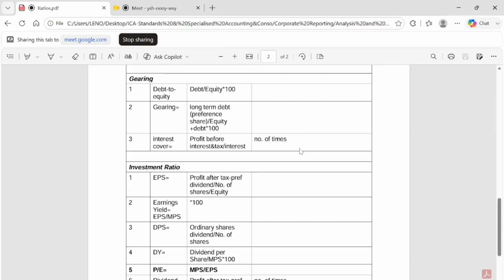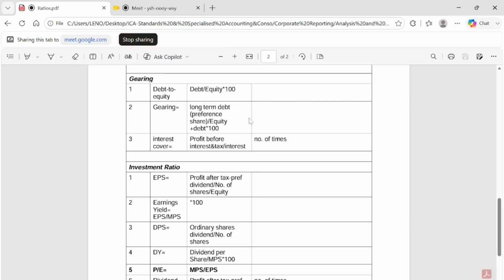So if the company's profit before interest and tax is maybe 50,000, and you divide by the interest the company will pay on its debentures, long-term loans and so on, and maybe we get 3, it means looking at the profit before interest and tax, the company can pay 3 times its interest on its loan. It means the company is liquid enough to cover its liabilities over the period. Do you understand? So that is about the gearing.